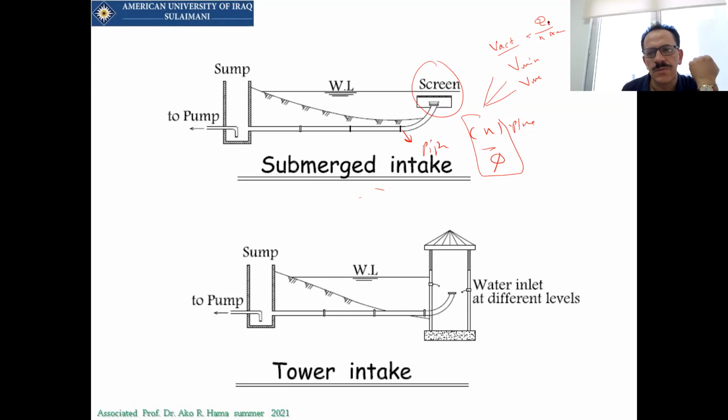Now, the V minimum is equal to Q minimum divided by N, also by the area of each pipe. And the V maximum, or the peak, is equal to Q maximum monthly divided by N minus 1. This is in case of emergency, and the area of each pipe.